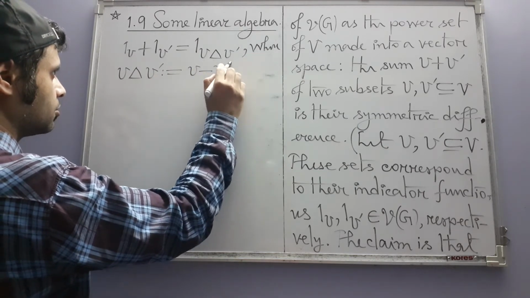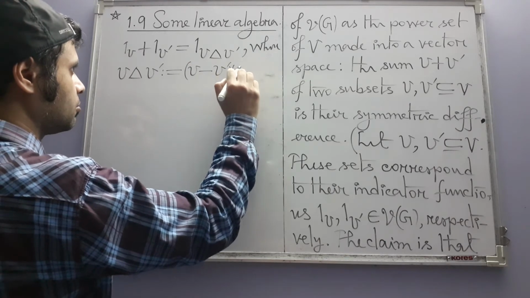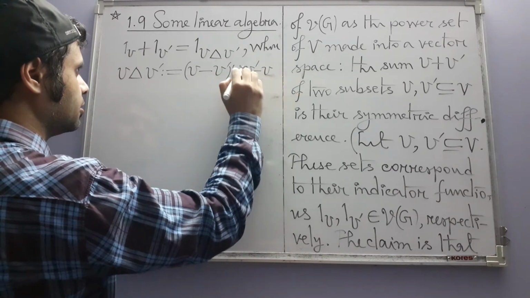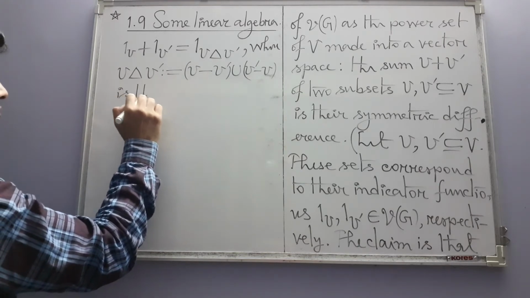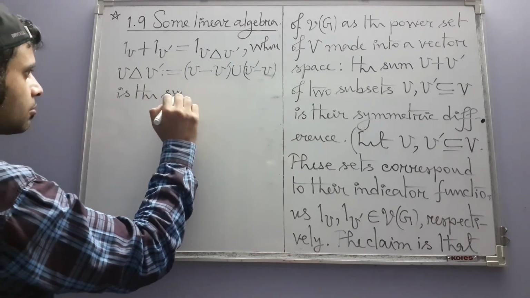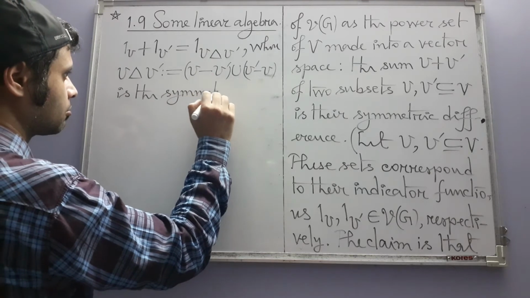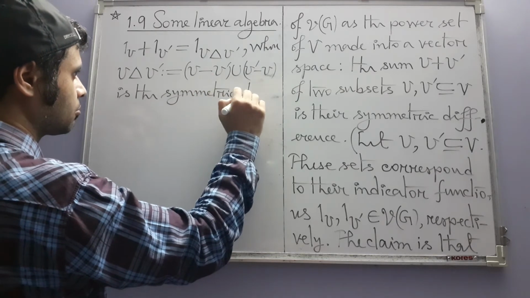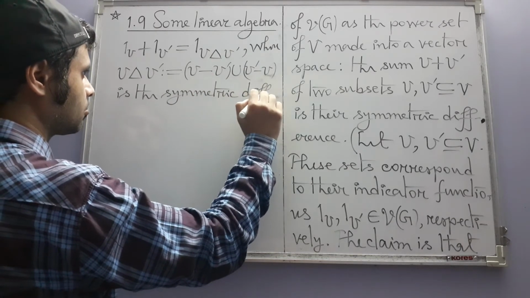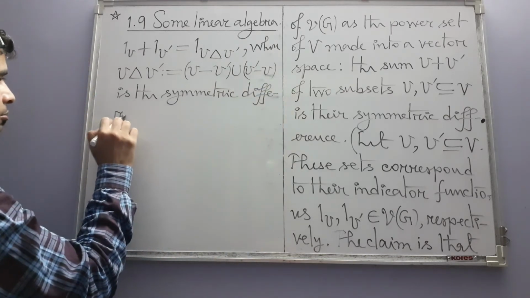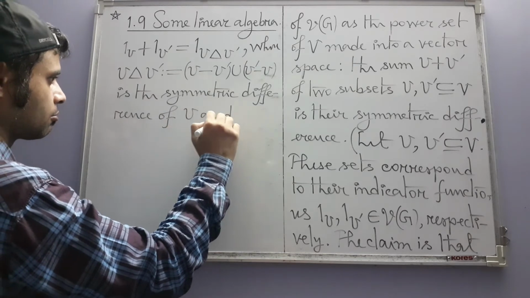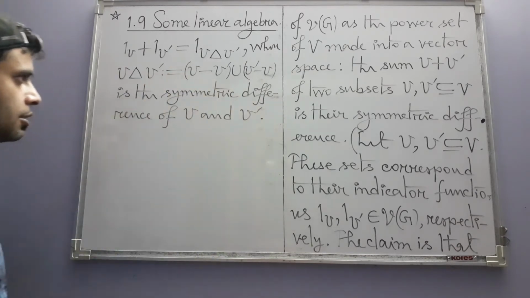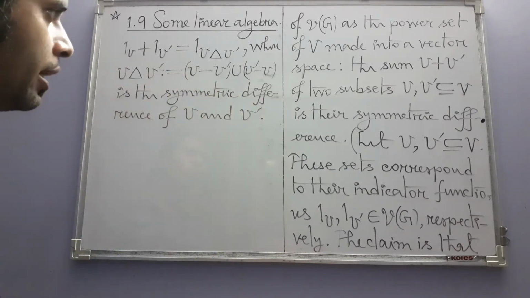This is of course your ordinary symmetric difference of u and u prime.